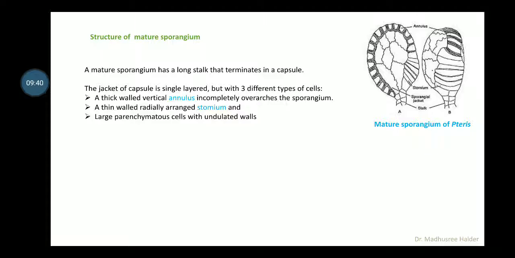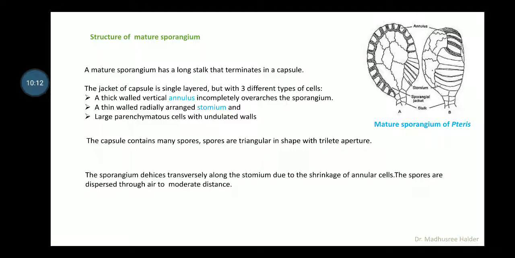In the jacket there are three different types of cell: a thick-walled vertical annular cell complete that actually protects the sporangial structure, a thin-walled radially arranged stomium, and then the third type of cell is large parenchymatous cell with undulated walls. So the capsule contains many spores, and spores are triangular in shape with trilete aperture.